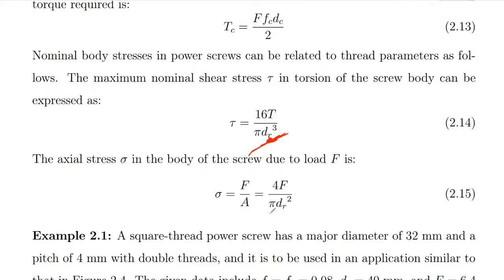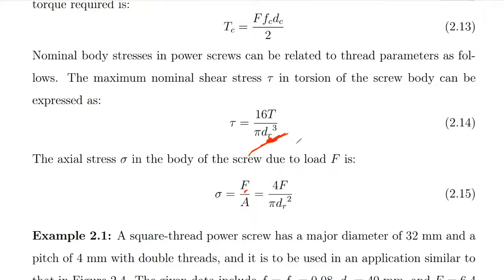Okay, and the force here is F, which is the load that we want to overcome or to lift or lower. Then A, which is the area, is the cross-sectional area at the root of the screw.